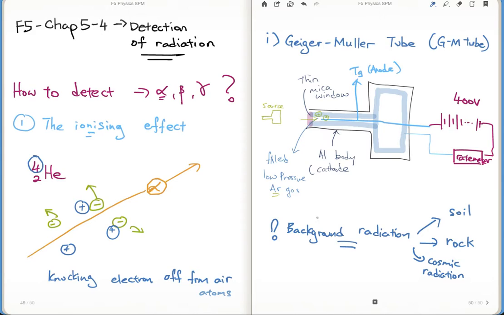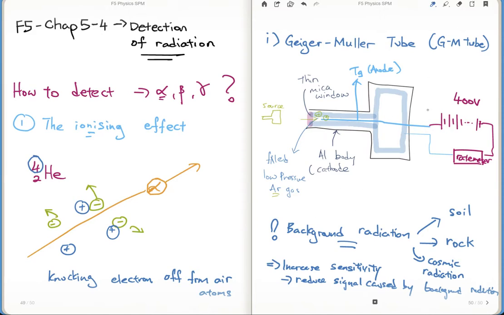To do that, you need to adjust the sensitivity, to reduce the signal caused by the background radiation. Okay, that's basically all about it.